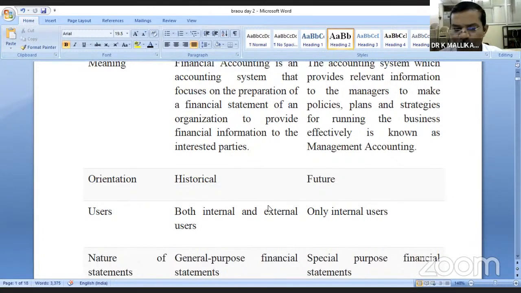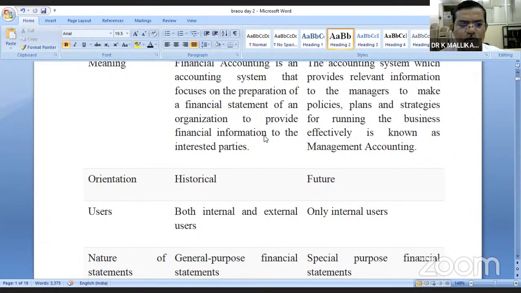Now, the data usage of financial accounting and management accounting. Financial accounting data is used for both internal as well as external purposes. So who are the external users? The government, tax authorities, the concerned ministry, concerned industries, NASSCOM, or FICCI.